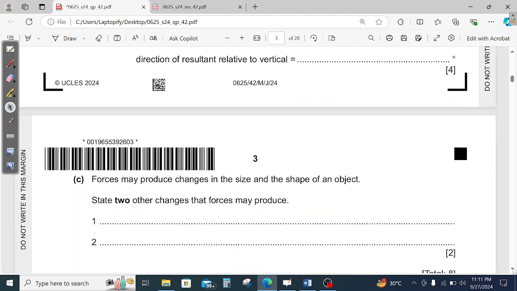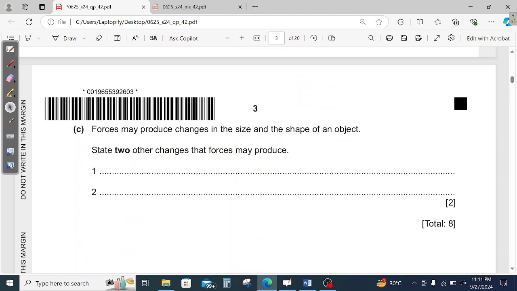Next question is, the force may produce changes in the size and the shape of the object. It means when you apply the forces, you can change the size of any object and the shape of the object. Any other thing which you can change by applying the force?